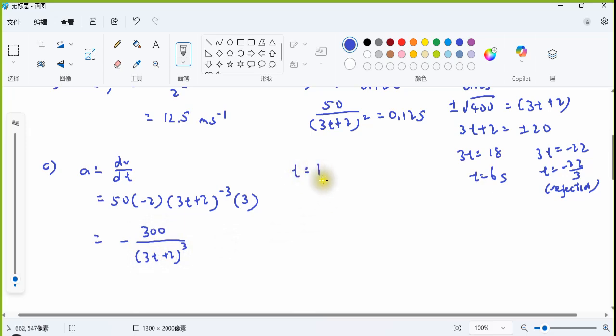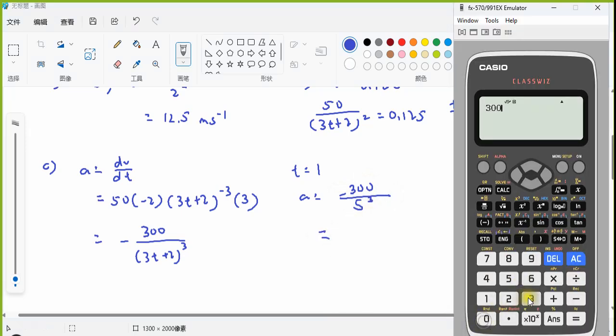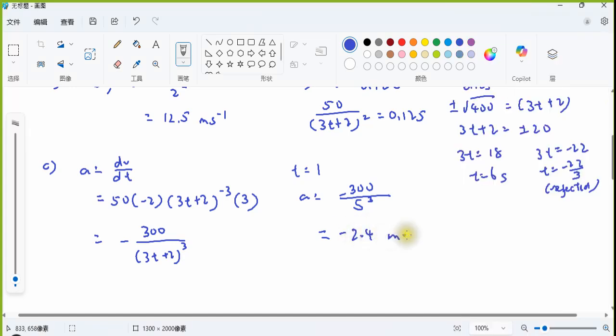So when t equal to 1, a will be negative 300 over 5 to the power of 3. 300 divided by 125 is 2.4, so negative 2.4 meters per second squared.